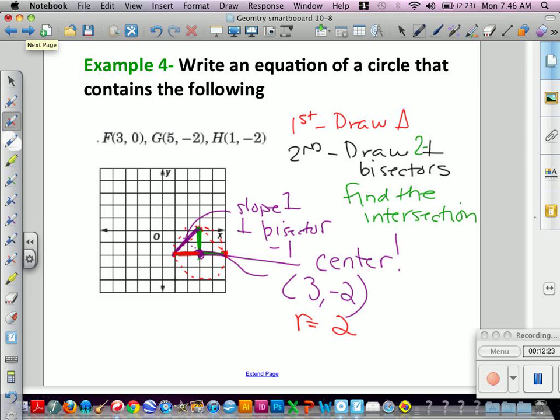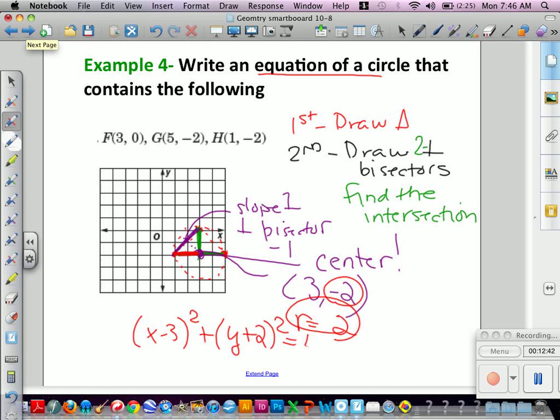So now they're asking me to write the equation. So I have x minus 3 quantity squared plus y minus the -2. So I'm going to write plus 2 quantity squared equals my r squared, which is going to be 4. I'm going to box in my answer.